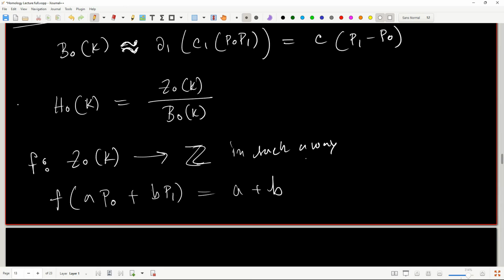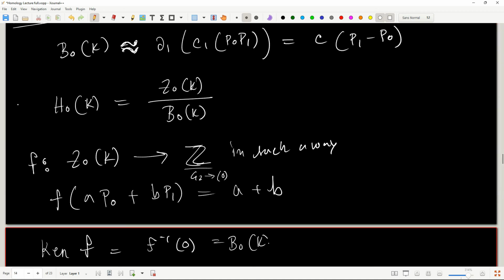So you can find the kernel of f inverse 0. Why is this the inverse 0? Well, the second group is G2. The identity over there is 0, right? So the inverse map of this f will produce the elements of the boundaries.